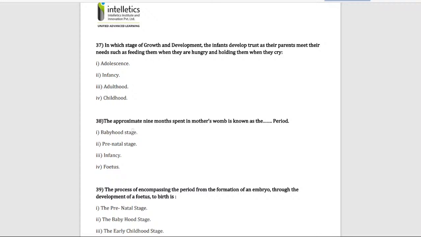Fourth, childhood. And the correct answer for this question is second, infancy. So it is infancy, the stage of growth and development in which the infants develop trust as their parents meet their needs, such as feeding them when they're hungry and holding them when they cry.